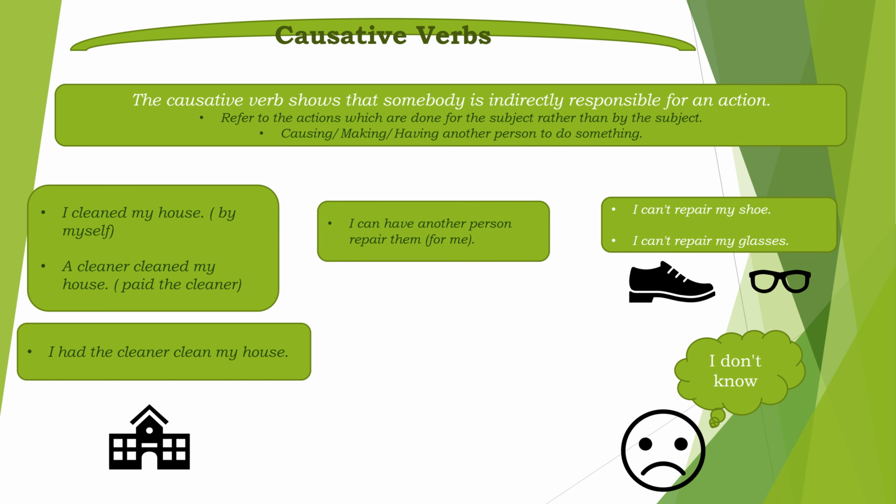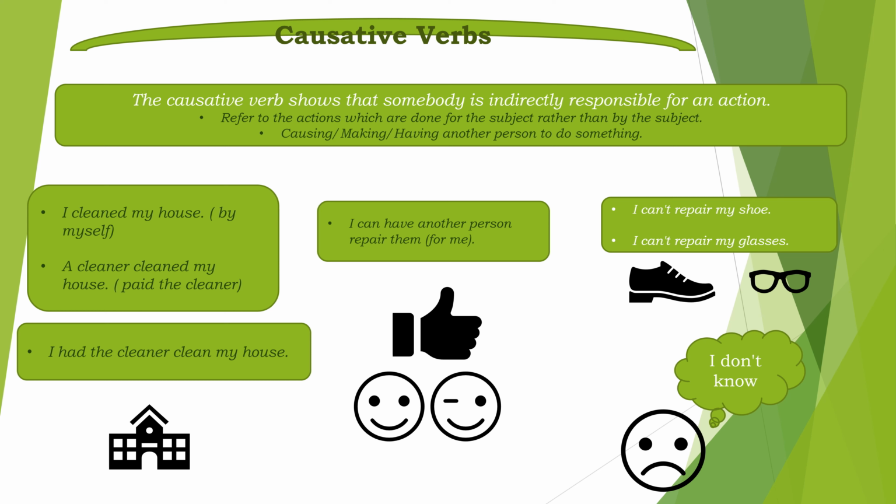Well, I can have another person repair them for me. Yay! In that case, I am happy because I don't know how to repair my shoe and my glasses, but I can make another person do this action for me. And in order to say that, I have to use causative sentences.